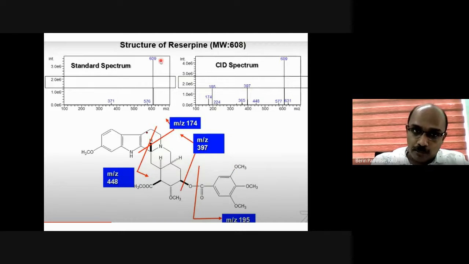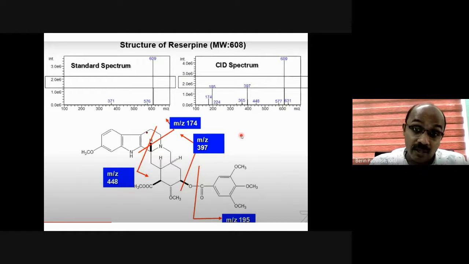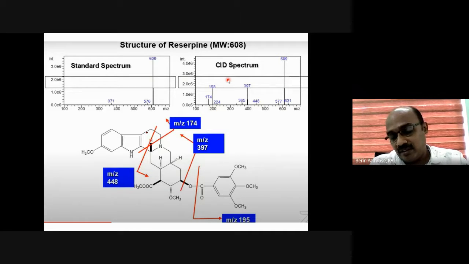So based on the molecular weight and its fragmentation, which is measured in the third quadrupole, we identify the compound. That means double confirmation. First we confirm the molecular weight, then after the fragmentation, we doubly confirm that the compound we are analyzing is that compound itself.